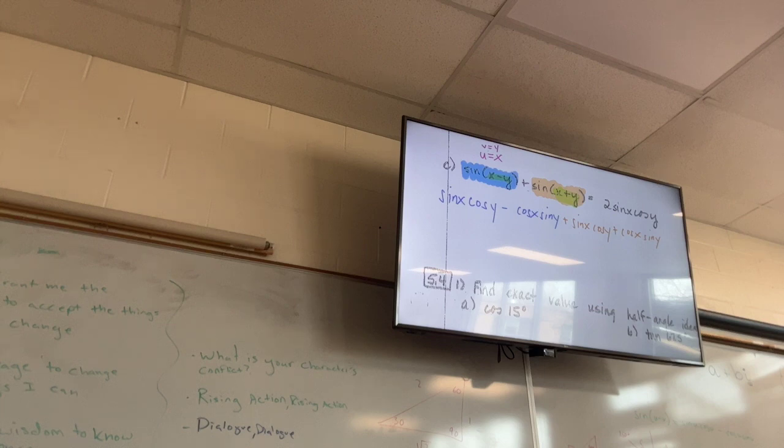This might seem like a lot, but you just have to note that a lot of stuff matches. So this minus cosine x sine y plus cosine x sine y. Do you guys see how these two are the same except they have different signs? One's plus, one's minus, so those are going to cancel. And then these other two are a match.